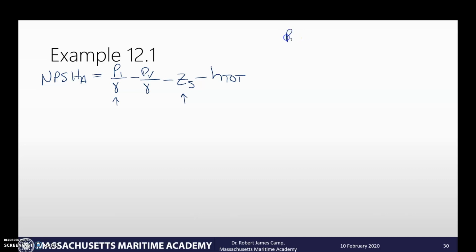We'll look up what the vapor pressure of water is at 60 degrees, and that's 0.226 psi absolute. We need to remember this is an absolute pressure. Now, we're going to want to convert it into feet because we're typically using that. So let's write this out.